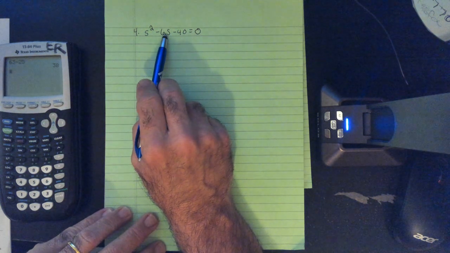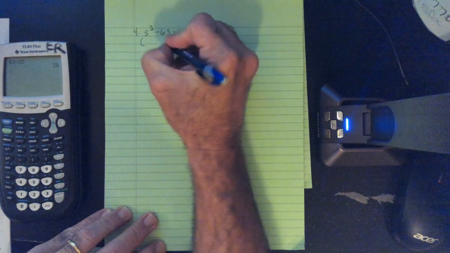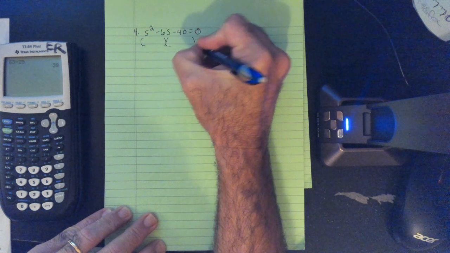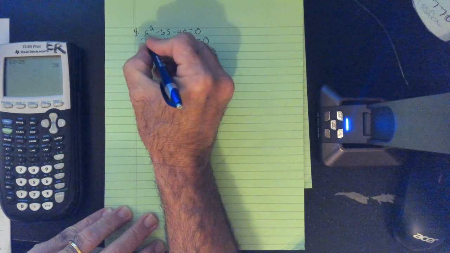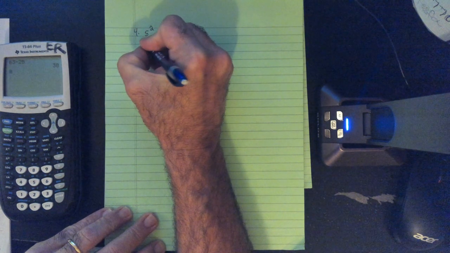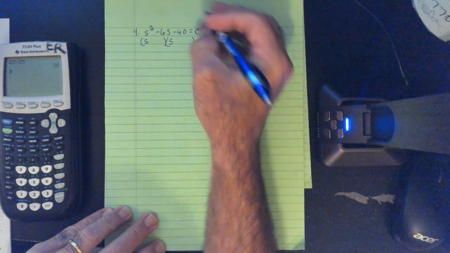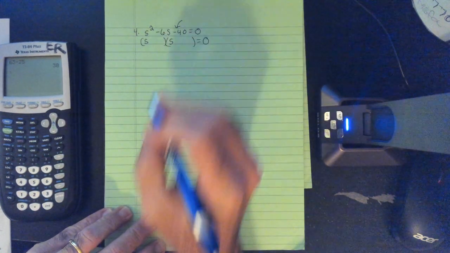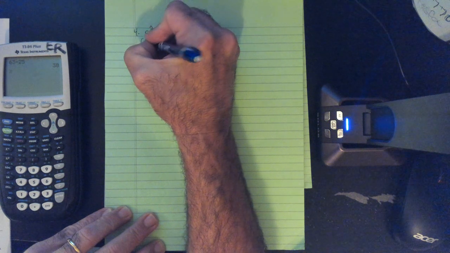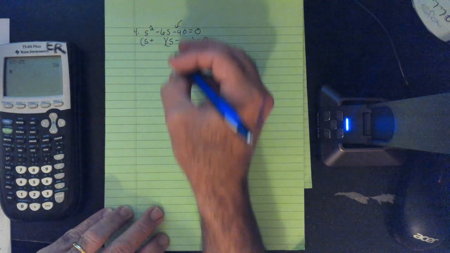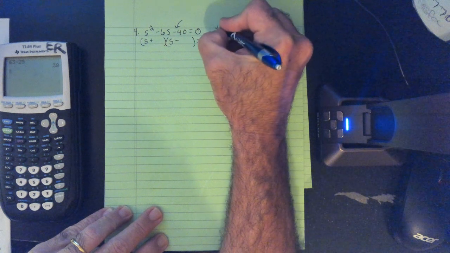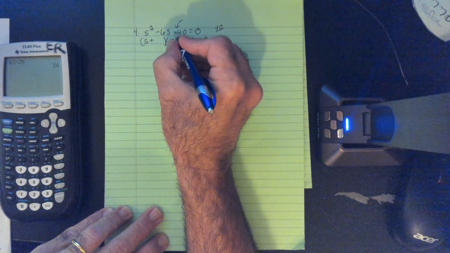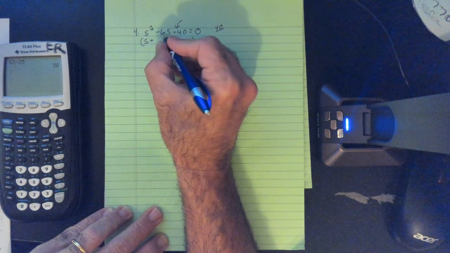First, I'm going to factor it. Since there's an s squared in the front, I'm going to break out my parentheses. To get an s squared, both of these will have an s in the front of them. Now, since the last number is negative, you have to have unlike signs. One will be positive, one will be negative. And then we need to find factors of 40 that have a difference, or subtract, to get 6.